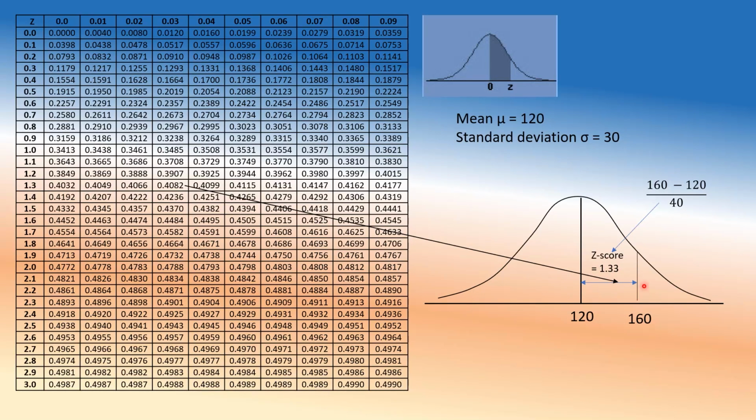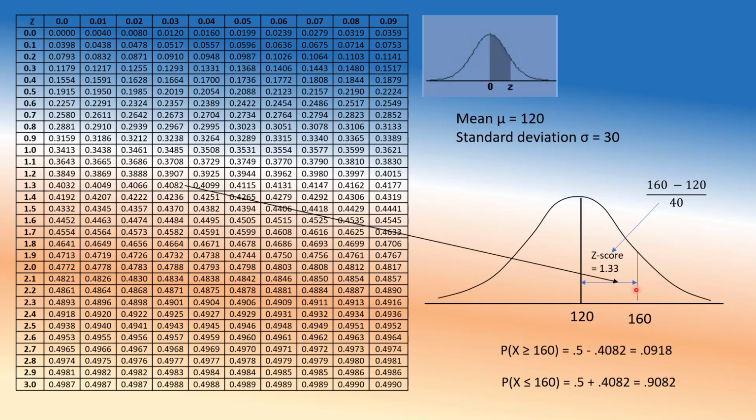Okay. And now we can play the game. I want to find this area, that area. We can do all of that stuff now. So what's the probability of X 160 or more? Well, 160 or more will be this side here, right? And we know the whole thing is 0.5 from there to there. This is 0.4082, so this becomes 0.0918. So what's the probability of X less than 160?